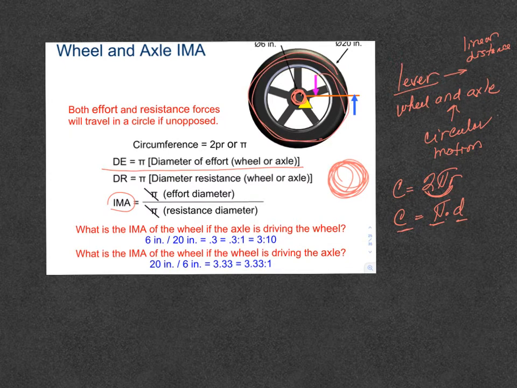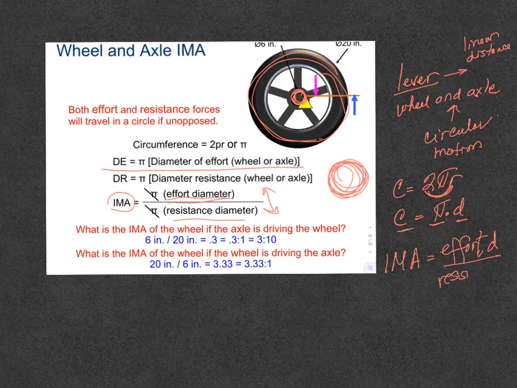You have the diameter of the axle, and then you have the diameter of the wheel, and they are writing this ratio: the ideal mechanical advantage is the effort diameter over the resistance diameter.